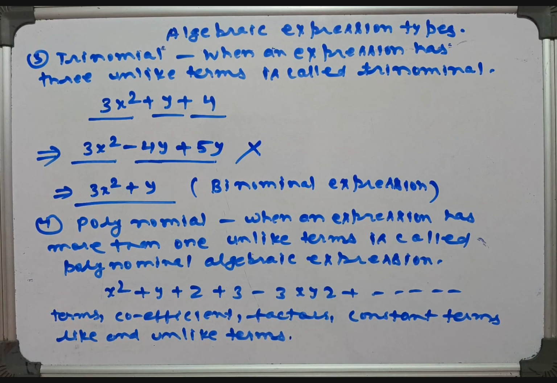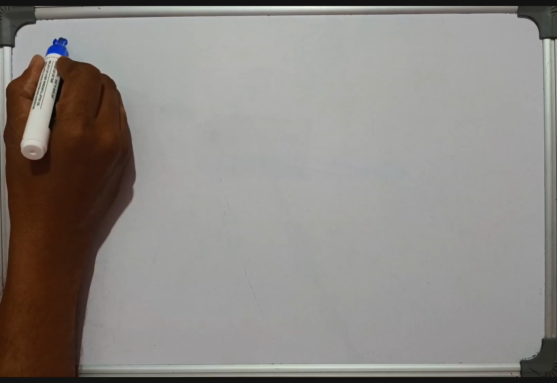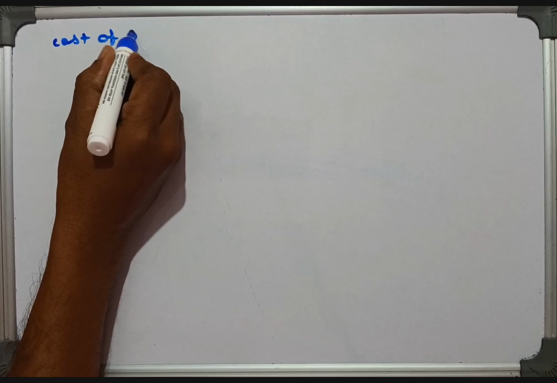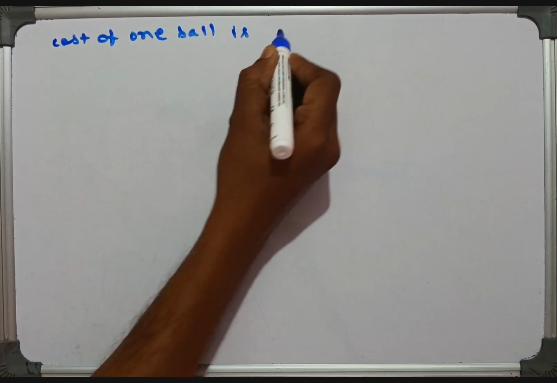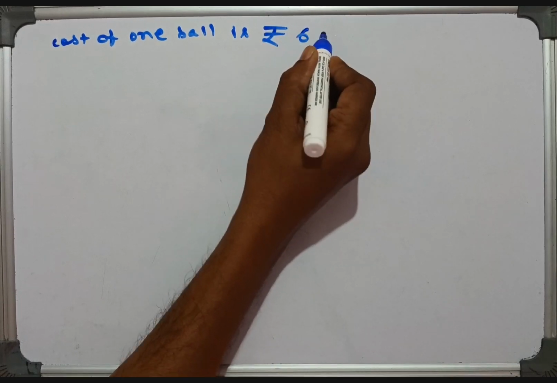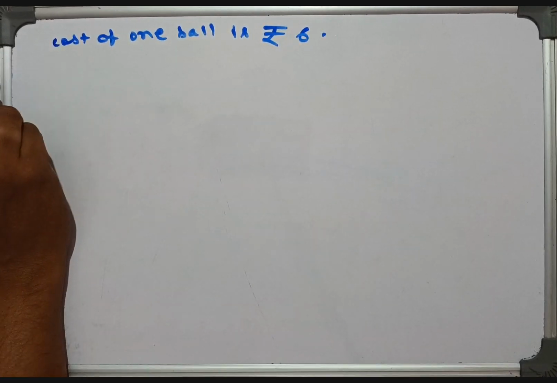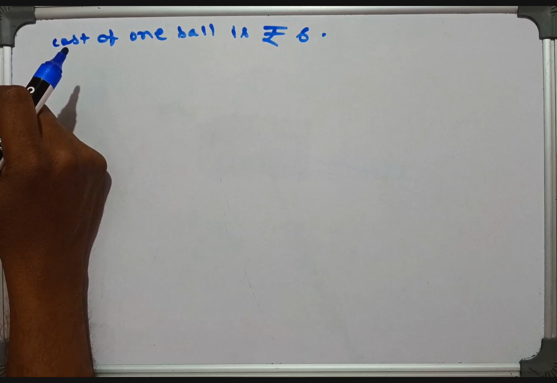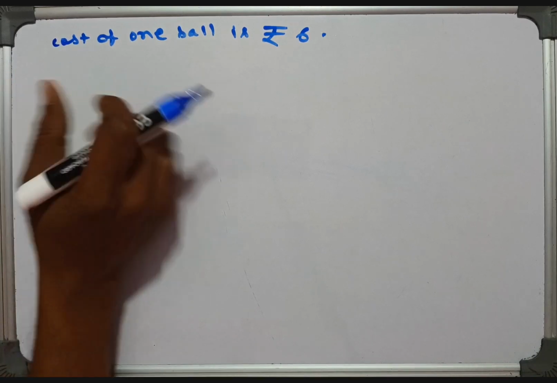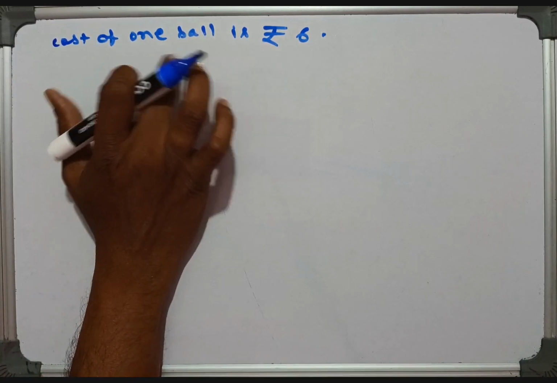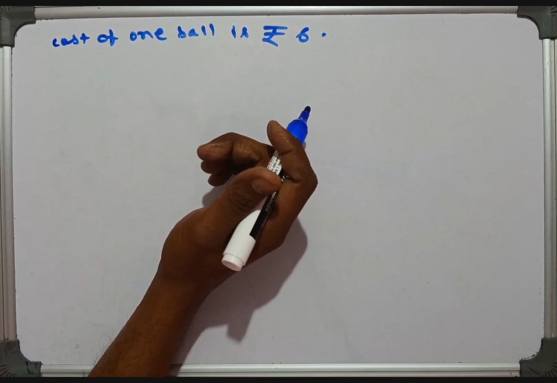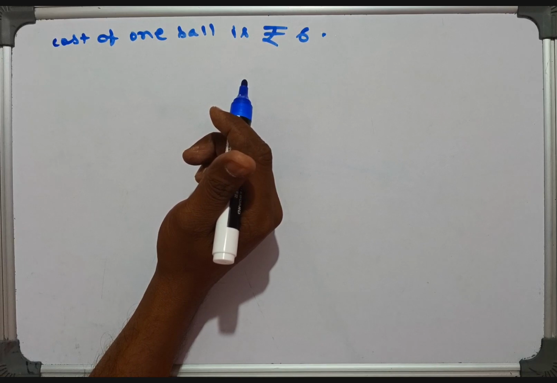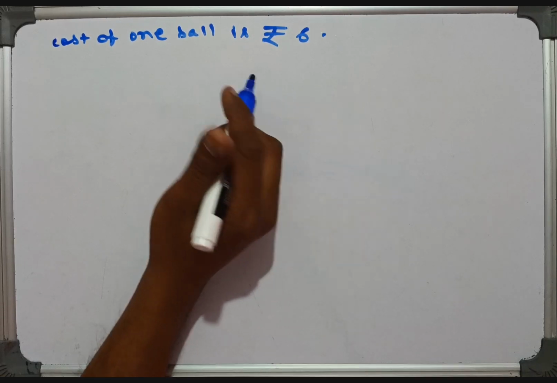Okay guys, so our first example: the cost of one ball is 6 rupees. Now how do we express the cost of balls in algebraic form according to the question?